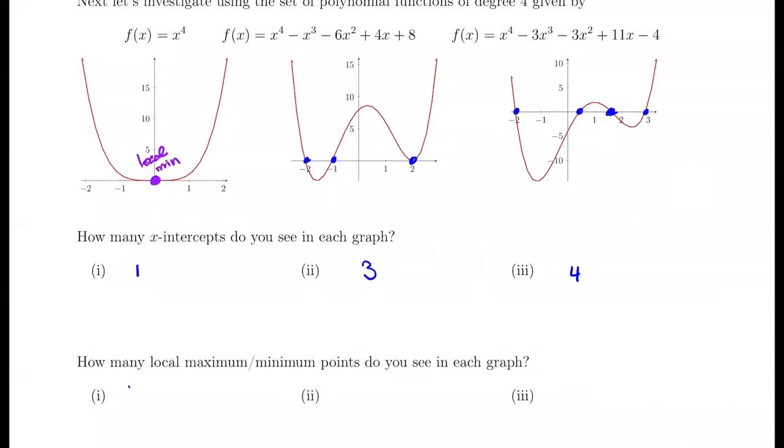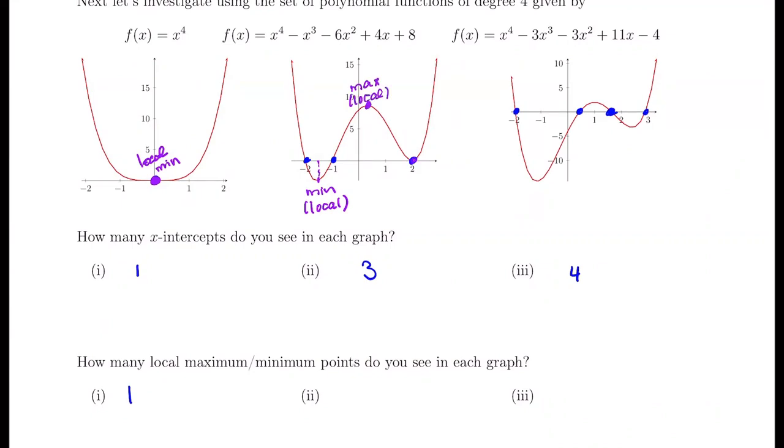And then for the second one, we would see that there's one over here, and that is going to be your absolute minimum. So that's the minimum, but it could also be a local. We have an absolute maximum here, but it's also local.